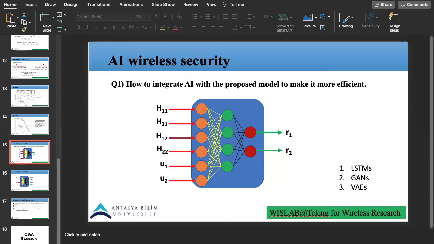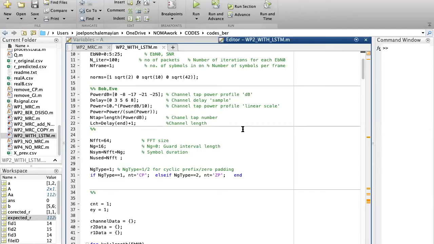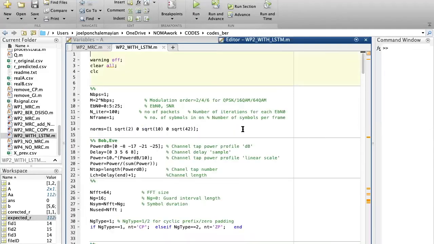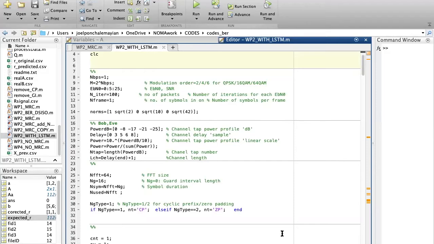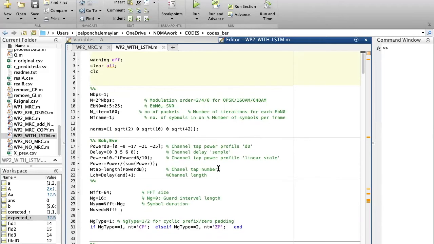If you can share with us the screen of the MATLAB. You are not able to see them? No, we just see the presentation. Okay, wait. Now? Are you able to see now? Yes, now it's fine.